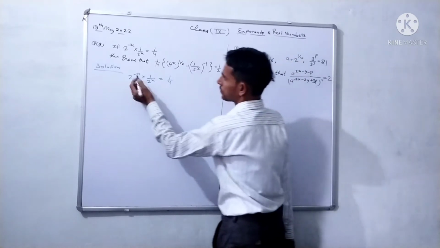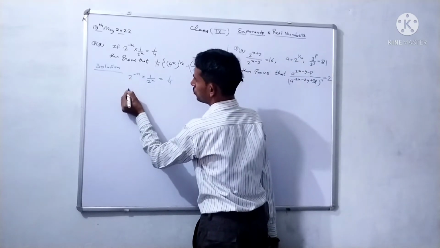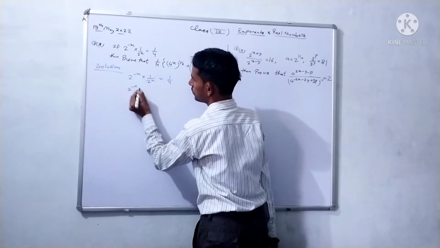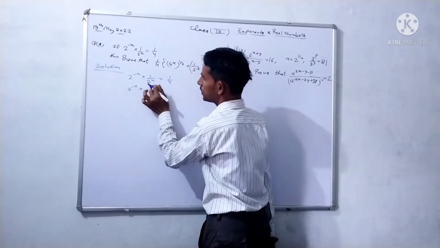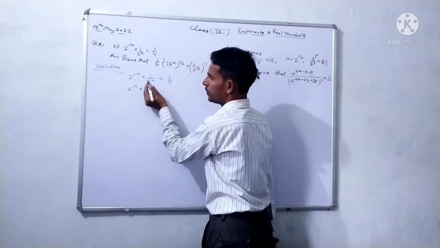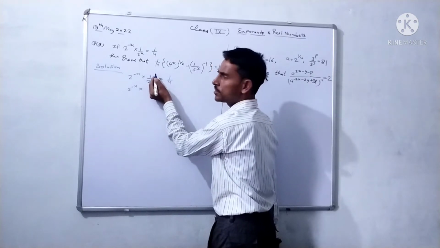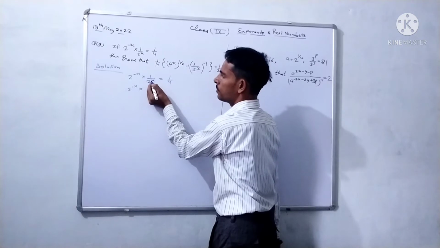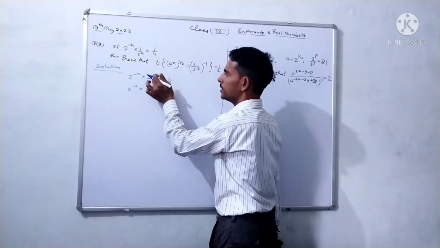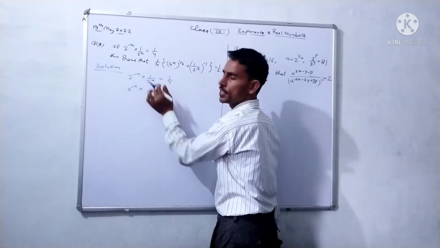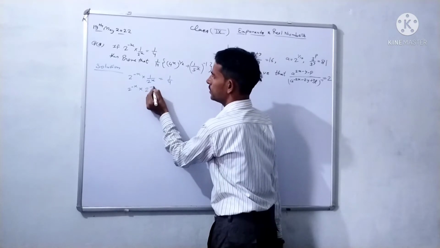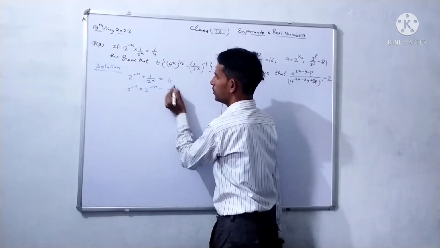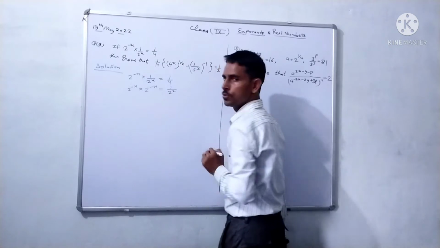So let's start. We can write 2 to the power minus x into, take this value in the numerator part. When we take this value in the numerator part, its sign will be changed. Here x is positive, but if you take it in the numerator part, its sign will be negative. You can write 2 to the power minus x equal 1 upon 2 to the power 2.